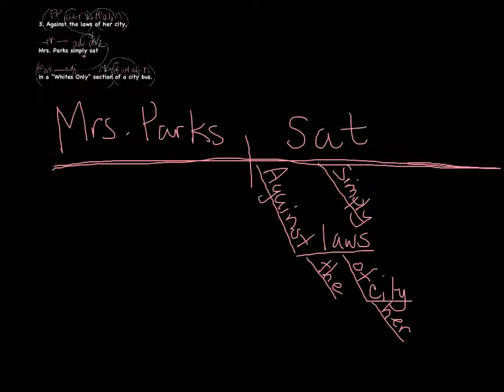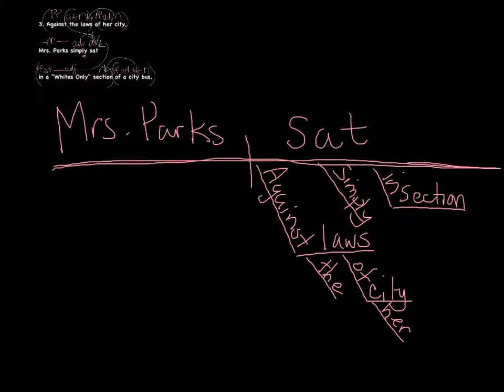Finally, I have that prepositional phrase in a whites only section. That is where she sat. So I'm going to come down here and draw my prepositional phrase just like we've done before. I have the preposition in what? In section.